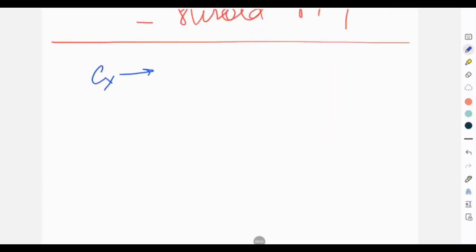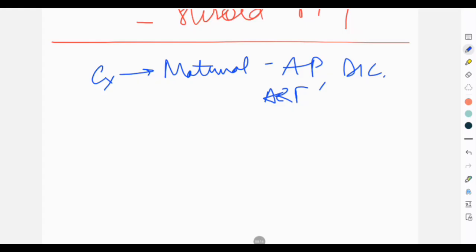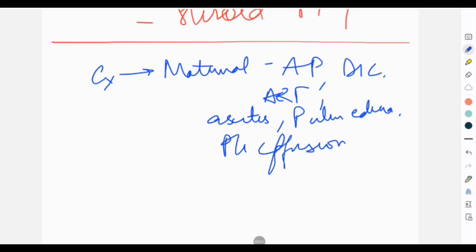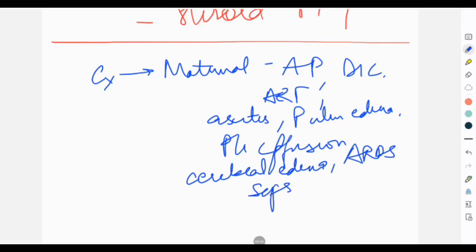In the complications, there are maternal complications. There is abruptio placentae, then there is DIC, acute renal failure, severe ascites, then pulmonary edema, pleural effusion, cerebral edema, ARDS, sepsis, and death.